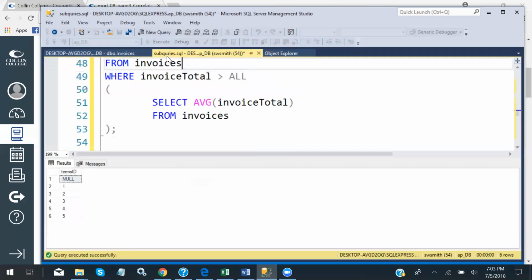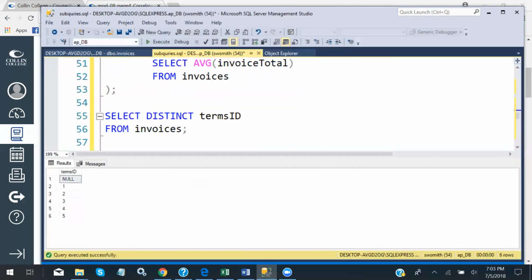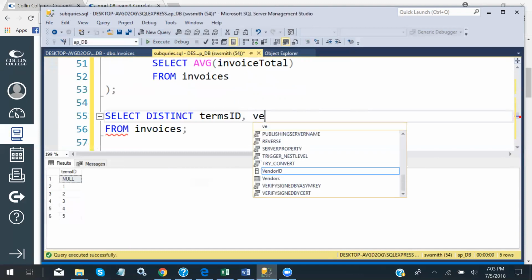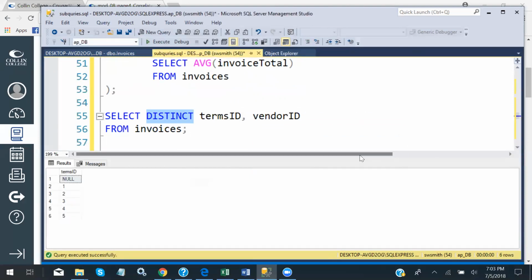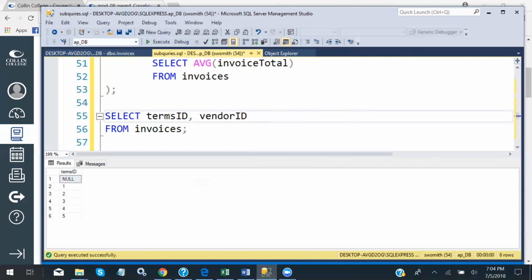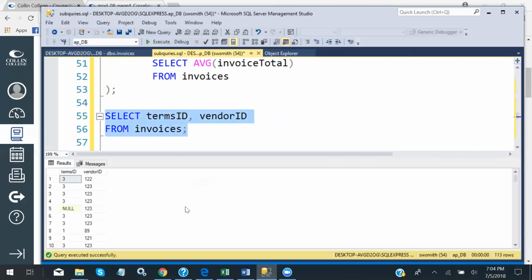Let's add to this example terms ID, vendor ID. Notice I've got a lot of duplicates in there: 3, 123, 3, 123, 3, 123.